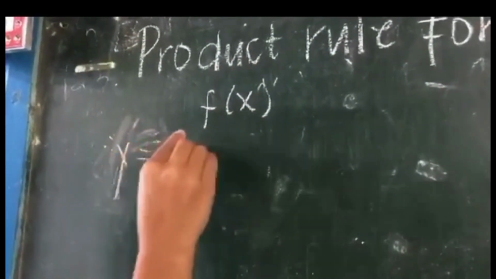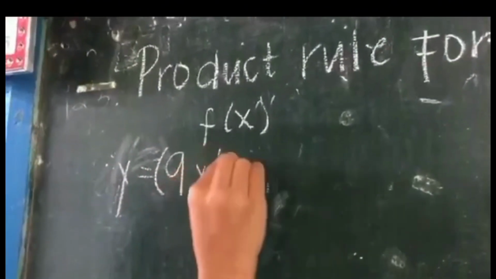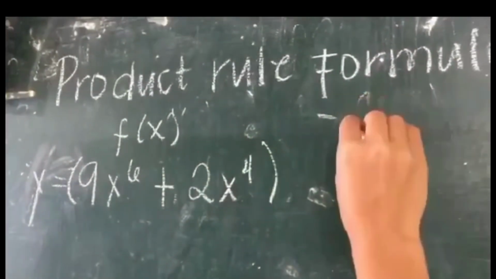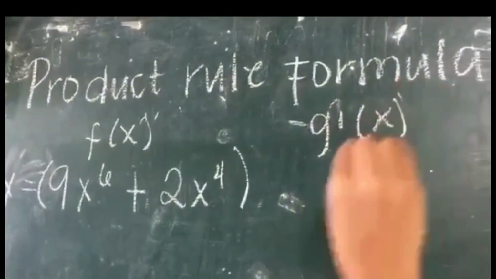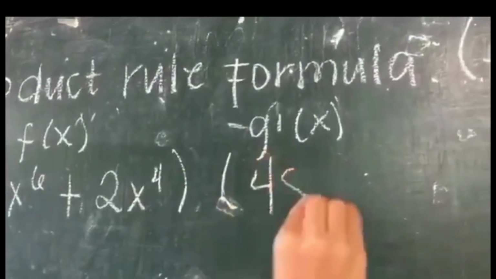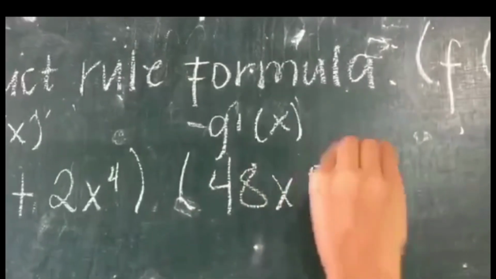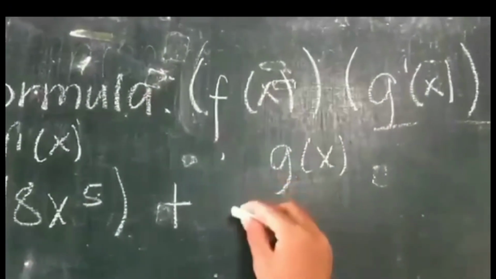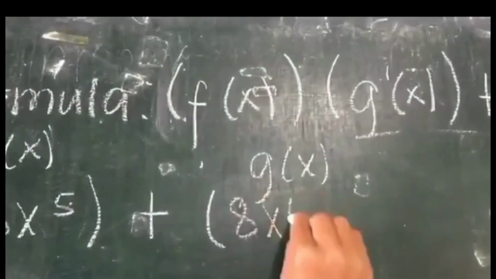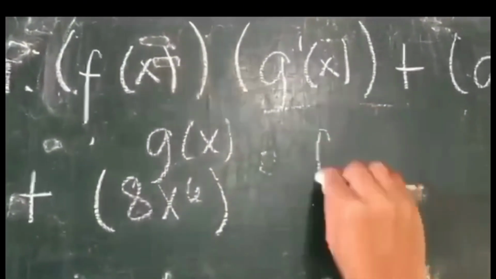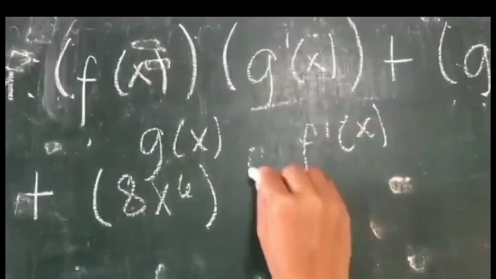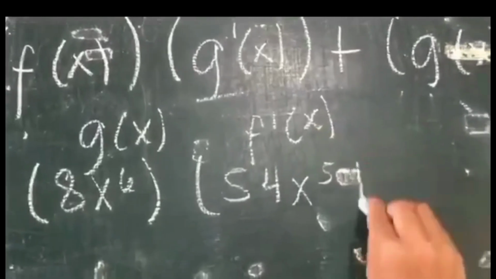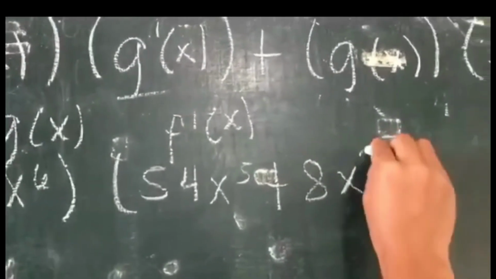Our f of x is 9x raised to the power of 6 plus 2x raised to the power of 4, and our g prime of x is 48x raised to the power of 5, plus g of x, which is 8x raised to the power of 6, times f prime of x, which is 54x raised to the power of 5 plus 8x cubed.